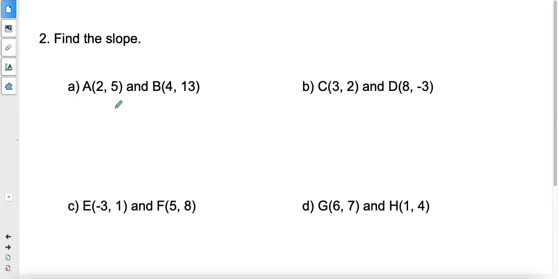So I'm going to start by creating a table of values with my x and y values. Now, for these 2 points, my x values are 2 and 4, and my y values are 5 and 13.